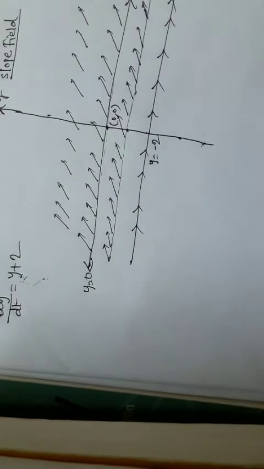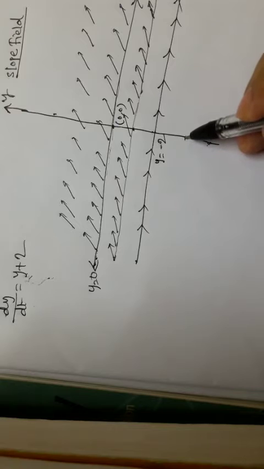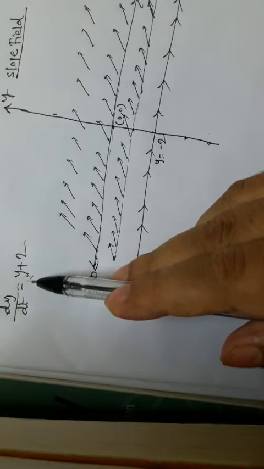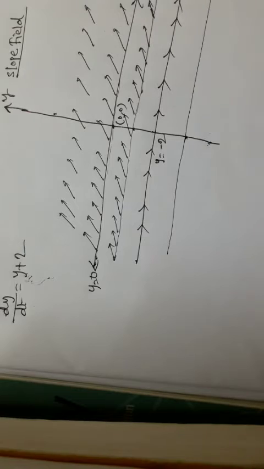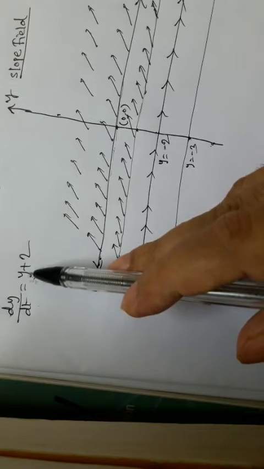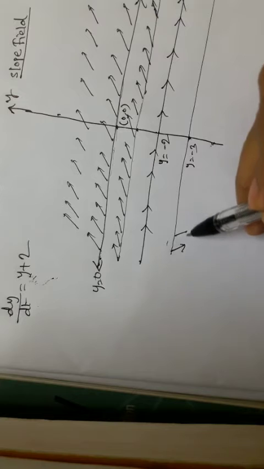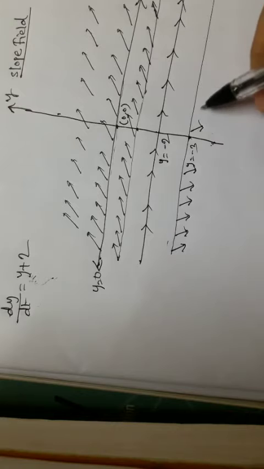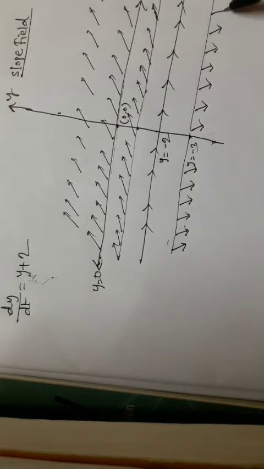Now if I come here, y is equal to minus 3, and put minus 3 plus 2, we get minus 1. So the arrow of the slope field will be like this. Slope is minus 1 means tan minus 45 degrees.